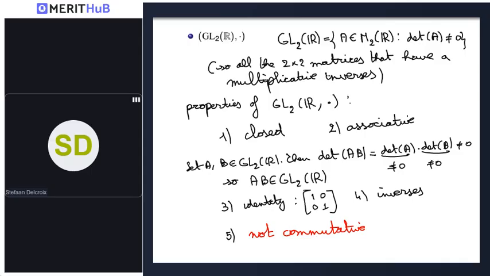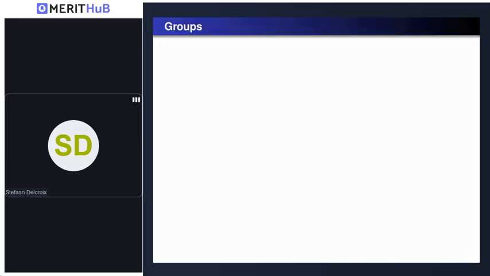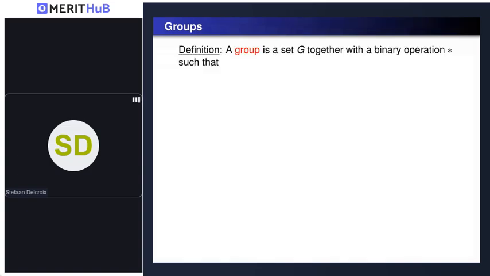So now we're going to put this together into special sets depending on which properties you have. And the first type of specialty is called a group. So what is a group? A group is a set G together with a binary operation, and it should have 4 of the 5 properties that we studied.